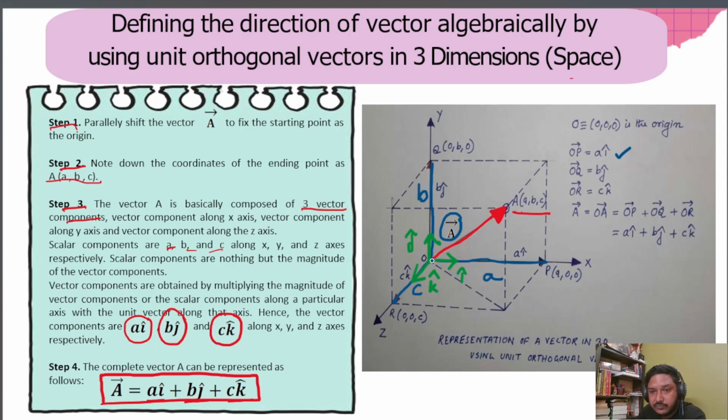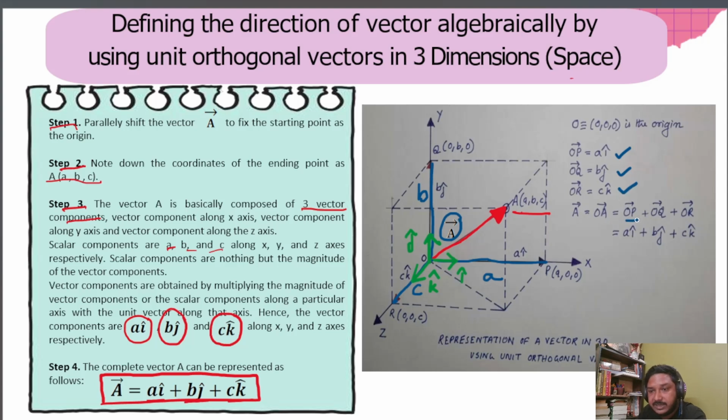Similarly, OQ, from O to Q, has length b. Multiply with the unit orthogonal vector, and we get b j cap, the vector component along y-axis. Similarly, along z-axis, the length is c. Multiply with the unit vector along z-axis, and that gives us the vector component along z-axis.